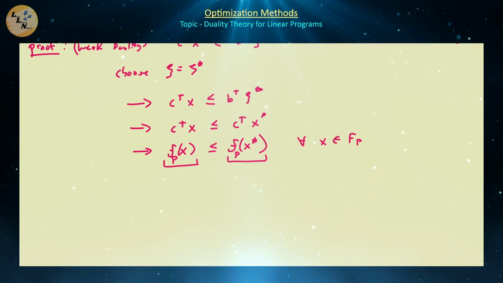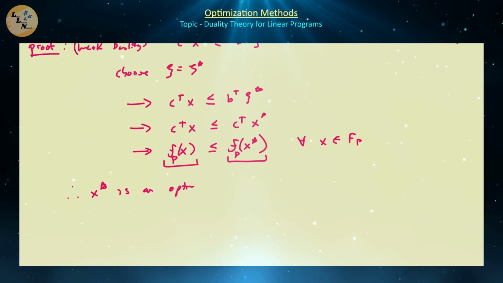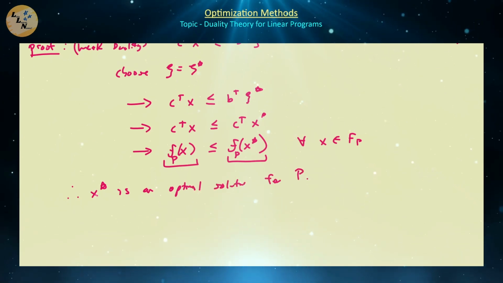So if this is true and x star is of course a particular value in FP, what is true about x star? If we're trying to maximize fp and fp of x star is greater than or equal to all the values that fp of x can take, that means that x star is an optimal solution for our primal problem P.